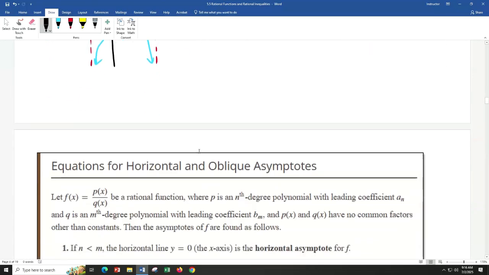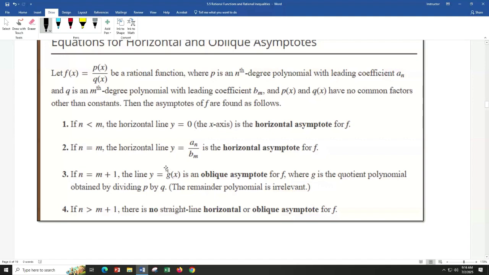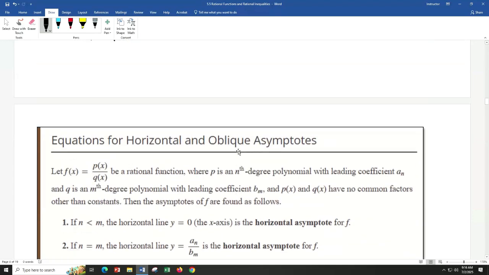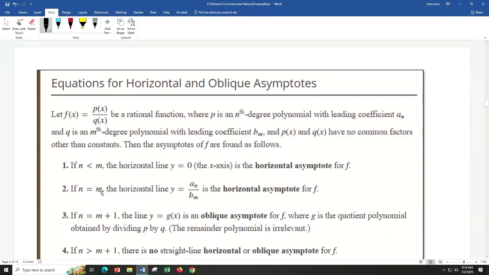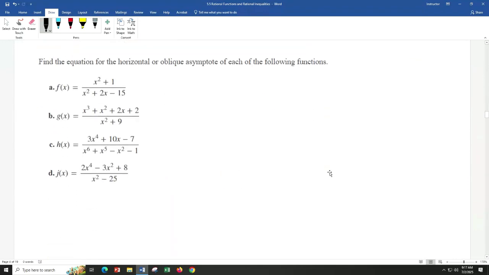What does it say when n and m are exactly the same? Doesn't that just mean you get a horizontal asymptote? I have one there. But then I can take it and divide them. Well, that works. So, let me show you some examples. Look at all of these.